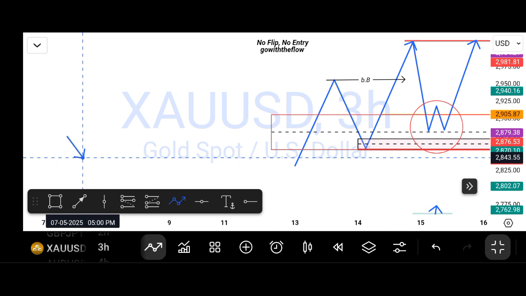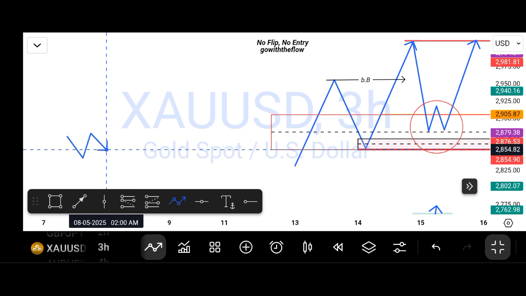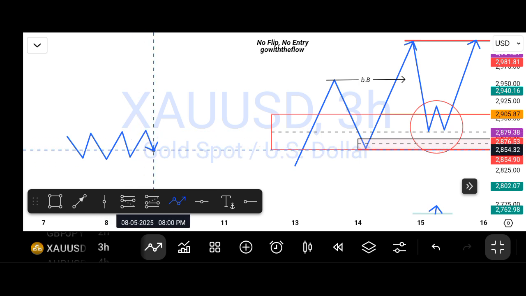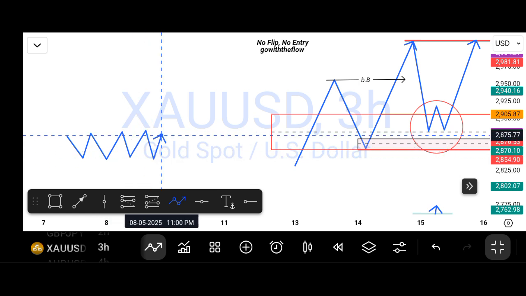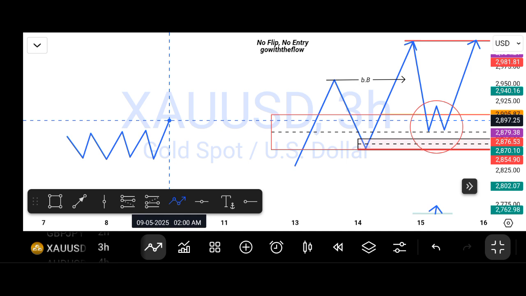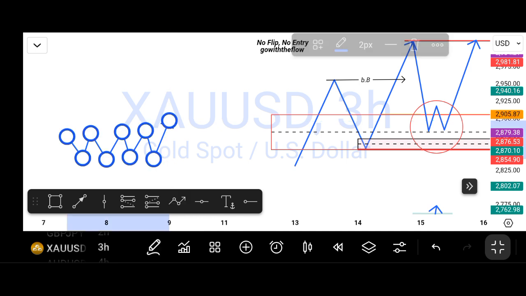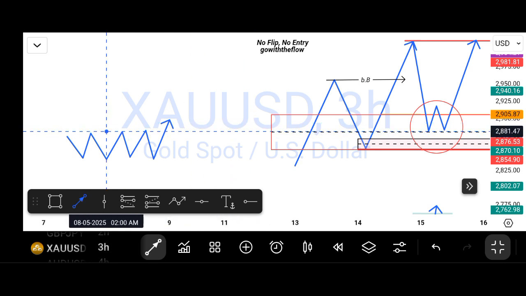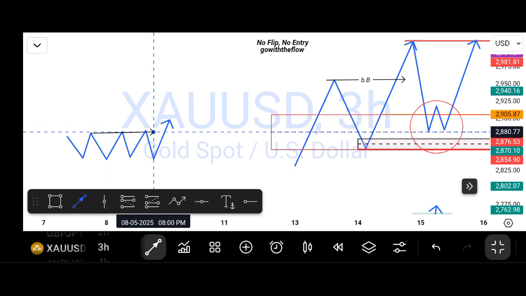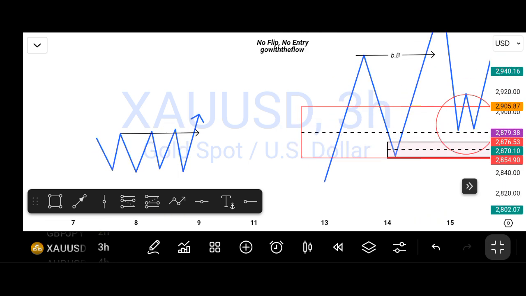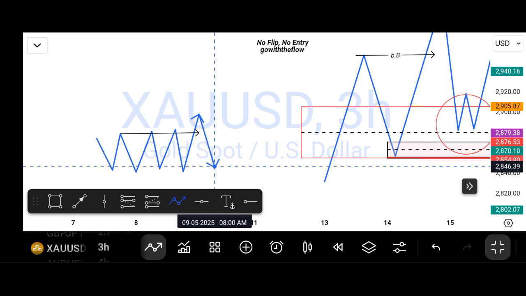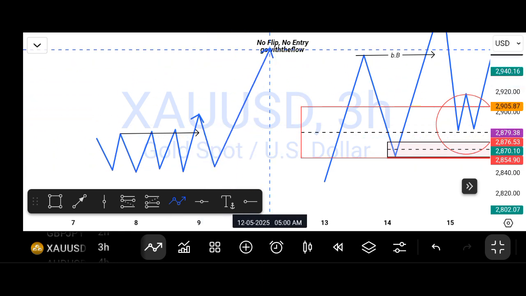The accumulation phase is when the market does not do anything, just ranging up, down, up, down. Then manipulation is when price manipulates this high here. This is the manipulation. And when we have our manipulation, we now have our distribution, from the demand zone.